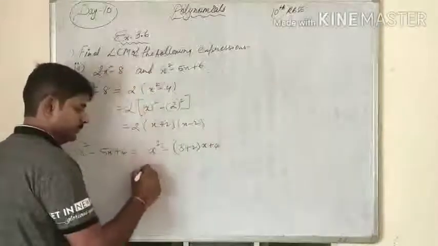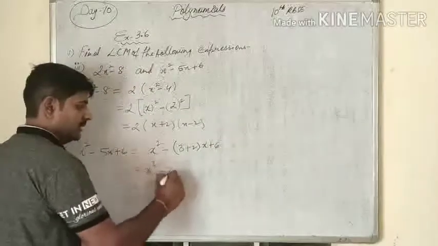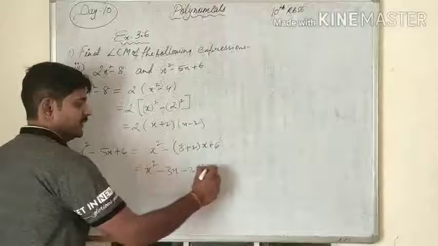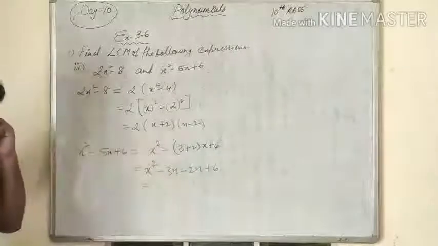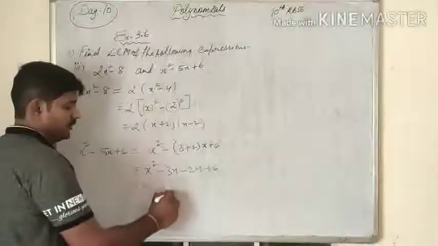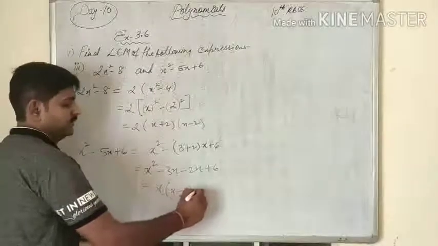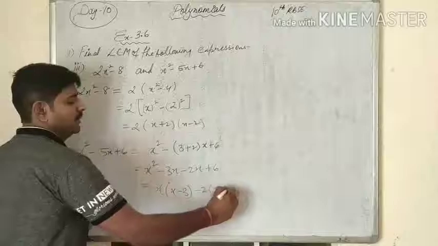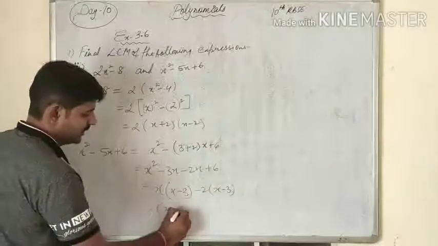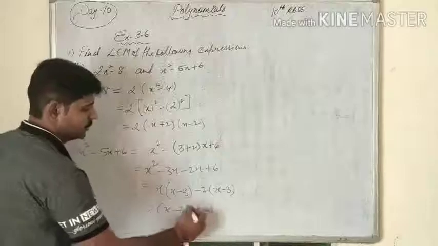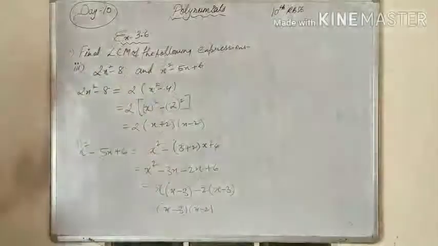So x square minus 3x minus 2x plus 6. If we take x common, x minus 3 is left. If we take 2 common, x minus 3 is left, and the factors are x minus 3 and x minus 2. These are the factors.